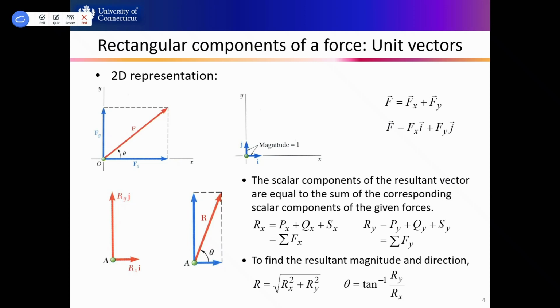And the direction theta is found using inverse tangent or other trigonometry equations, using the triangle, sine, cosine, tangent, to find this angle. Okay, so any questions? So you watched the videos, and the pre-lecture quiz is great. Thank you.